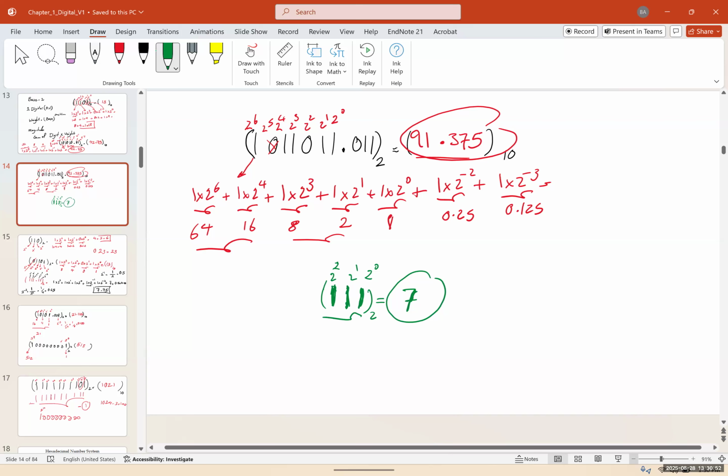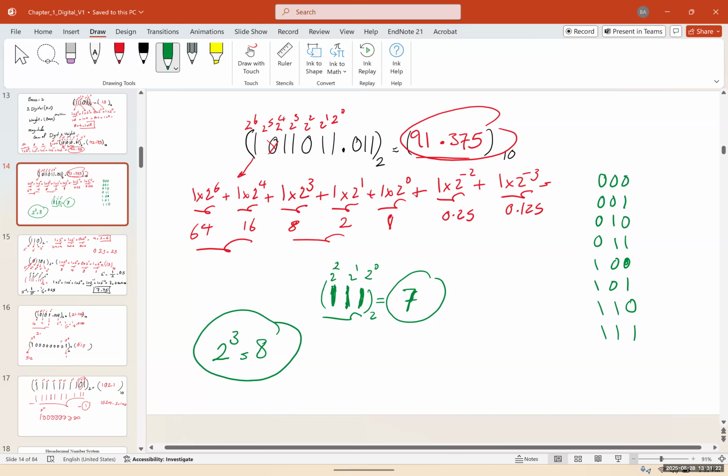How many digits do I have here? 3 digits, yes. What is 2 to the power of 3 equal to? 8, yes. So I have 3 digits here. These 3 digits can show between 0, 0, 0, 0, 0, 1, 0, 1, 0, 0, 1, 1, 1, 0, 0, 1, 0, 1, 1, 1, 0, and 1, 1, 1.